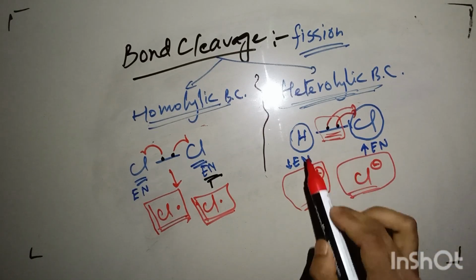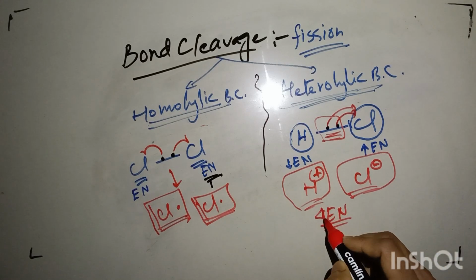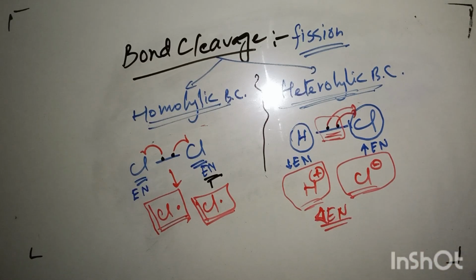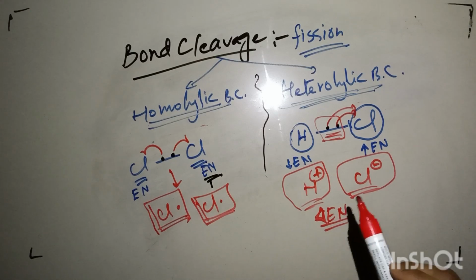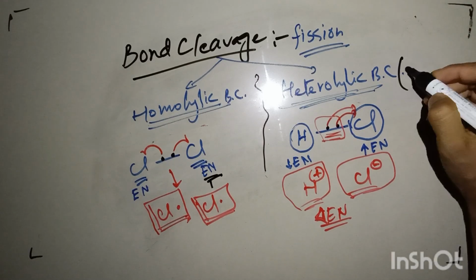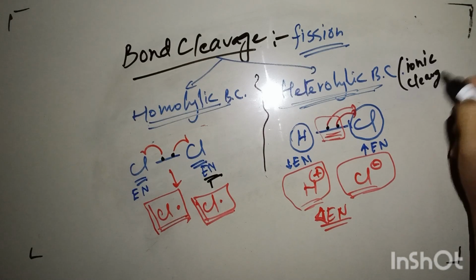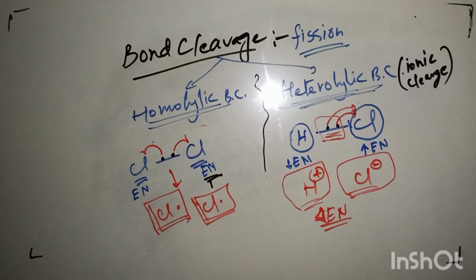And why do they form? Due to the presence of electronegativity difference. That's why it is also known as ionic cleavage. So heterolytic cleavage is also called ionic cleavage. Okay.